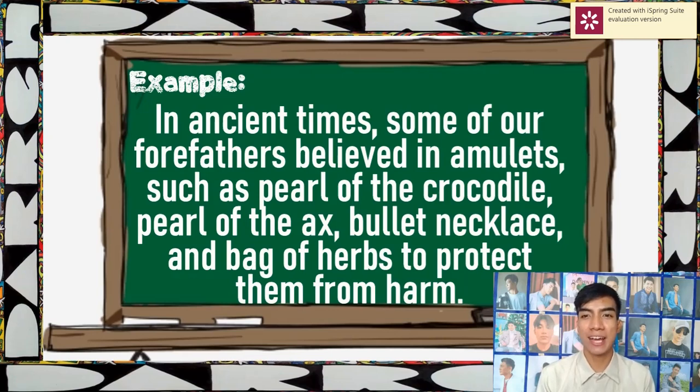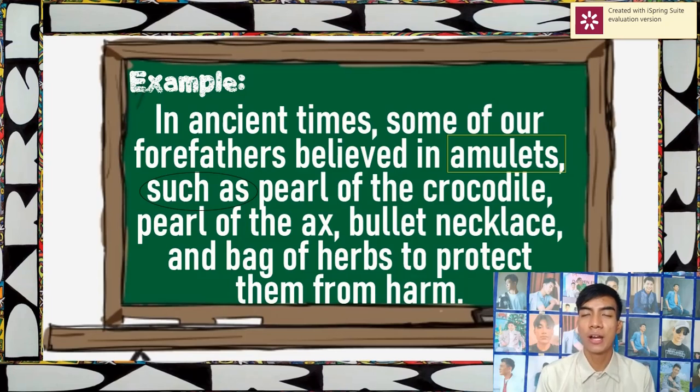In ancient times, some of our forefathers believed in amulets, such as pearl of the crocodile, pearl of the axe, bullet necklace, and a bag of herbs to protect them from harm. So the unfamiliar term here is the word amulets. The sentence provided examples of amulets by the use of the word such as.